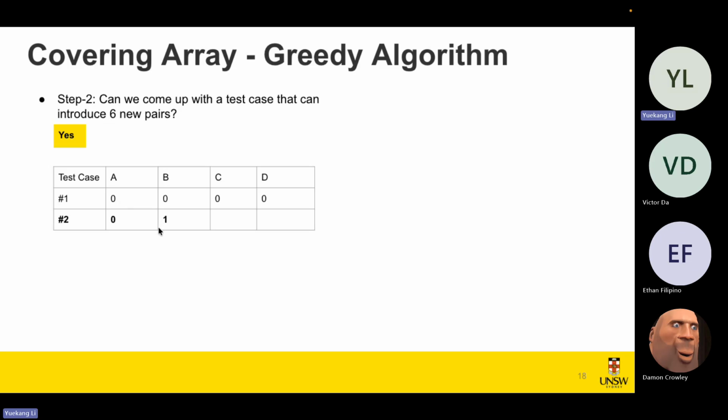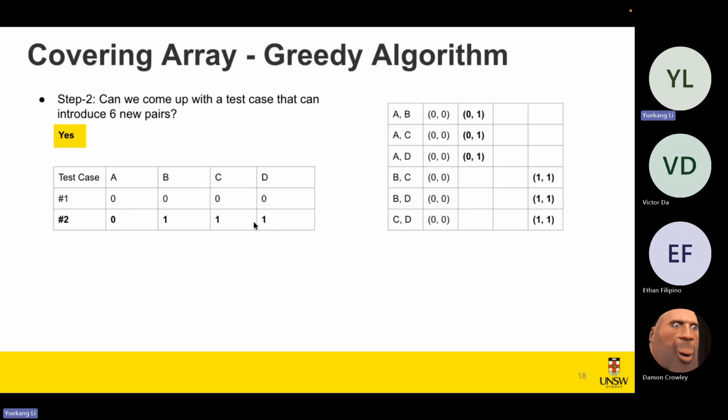That's why we need to take the value of 1 for B here. What about C? Shall we take 0? 0,0 has already been taken, so it's better to put C as 1 here. And the same goes for D, so we should put 1 here for D.